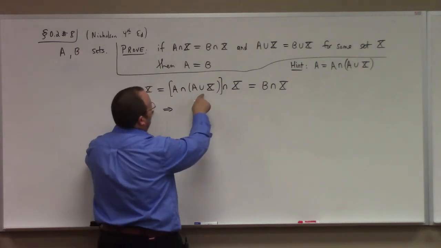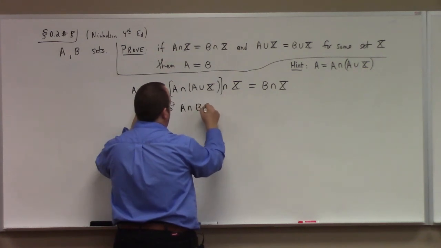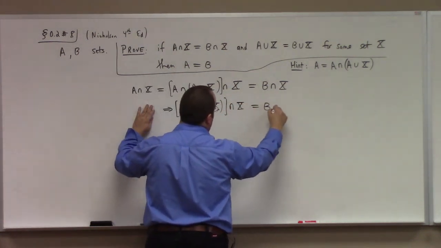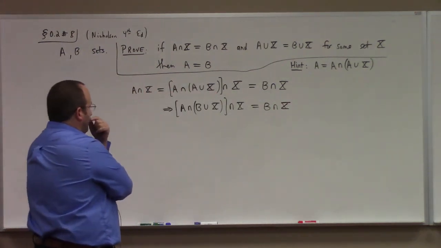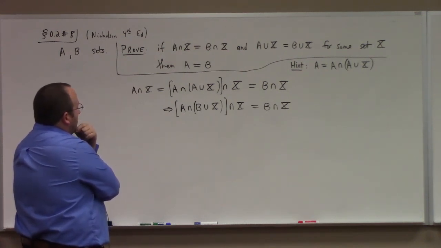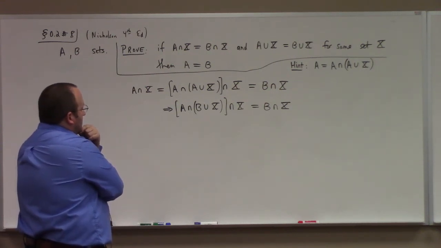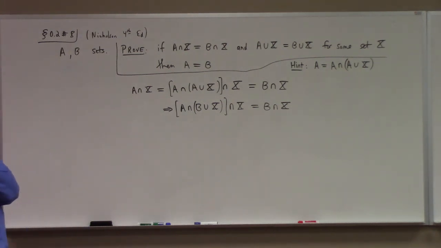Okay, so you're just telling me I should really write that A intersect B union X, maybe. Maybe that'll be helpful, right? Huh.